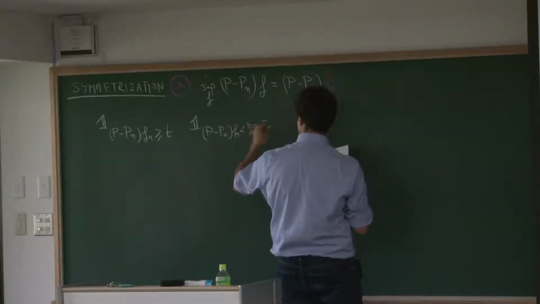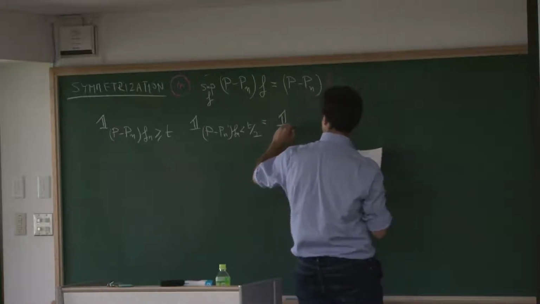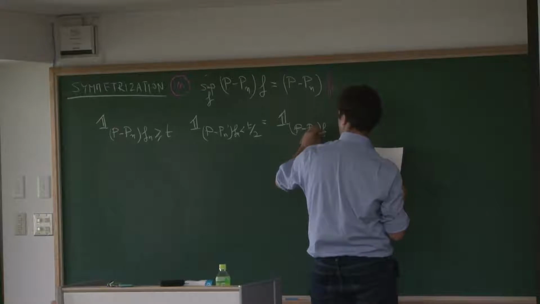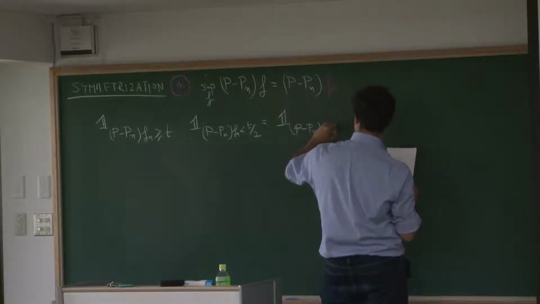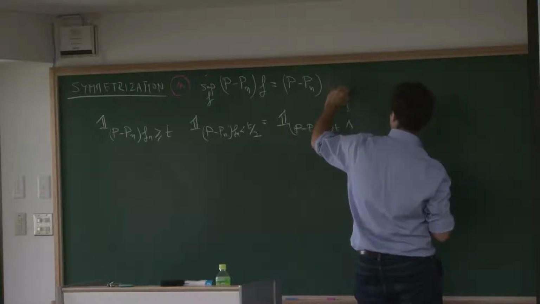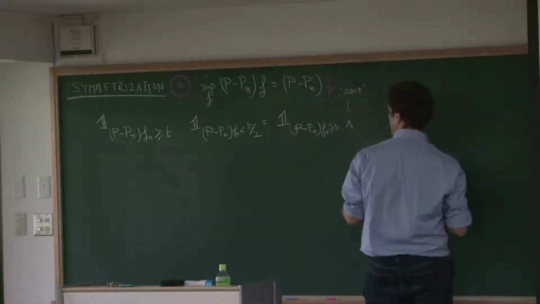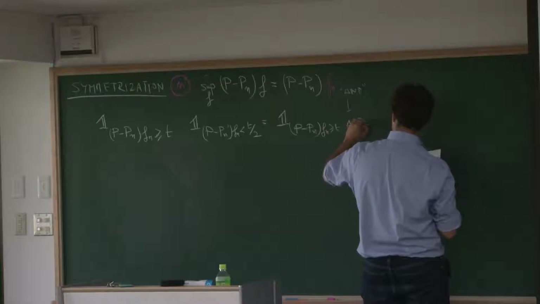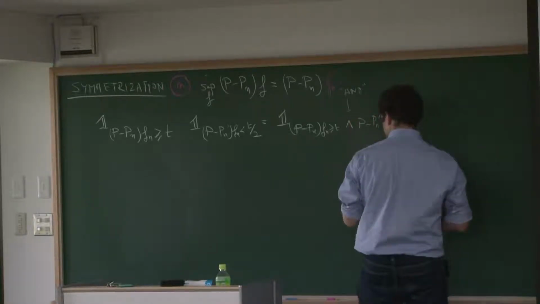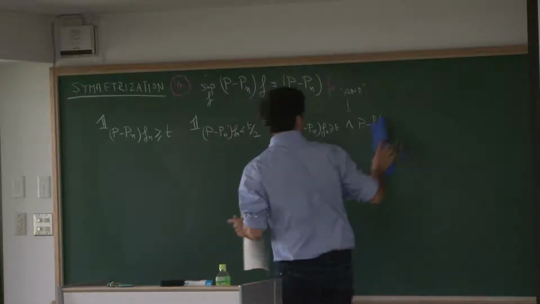This is just the product of the two things, so it's the intersection of P minus Pn of Fn bigger than t and P minus Pn prime of Fn smaller than t divided by 2. Sorry, I'm going to put it the other way around.